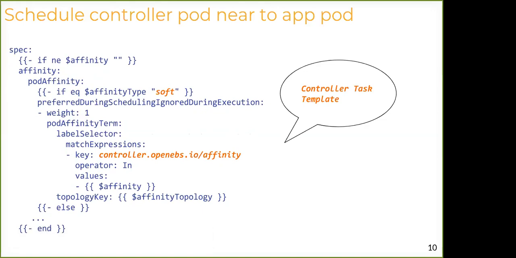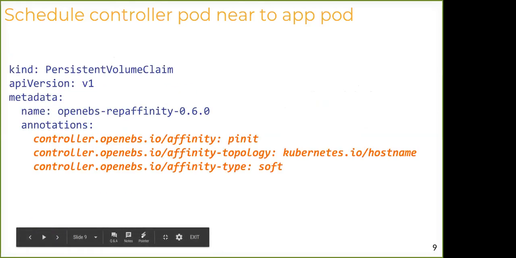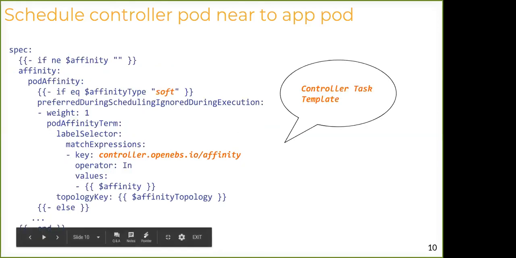We see some templating, curly braces along with some templating. This is very similar to the Helm template. If you have heard about Helm or used it, you already know what I'm talking about. Again, the topology key will be replaced here with the host name, kubernetes.io/hostname. That particular value will be replaced here.